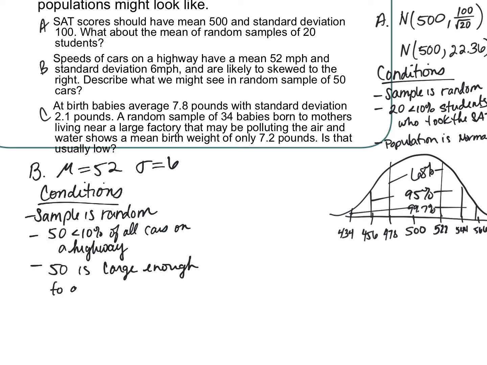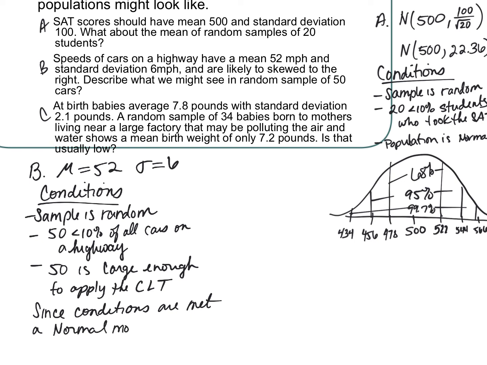So since conditions are met, a normal model is appropriate. So what is my normal model? The mean is 52. The standard deviation is 6 over the square root of 50.